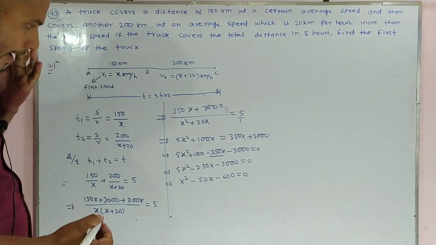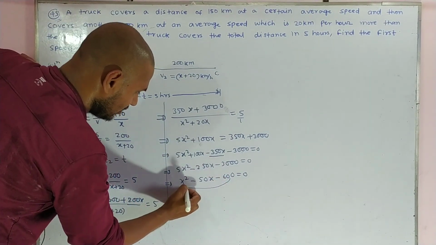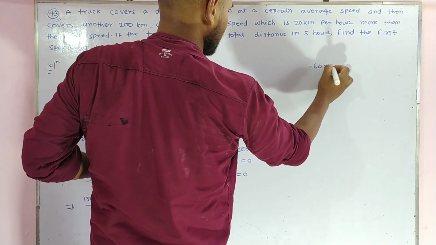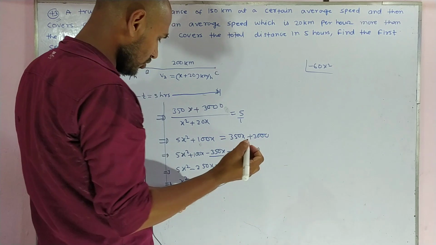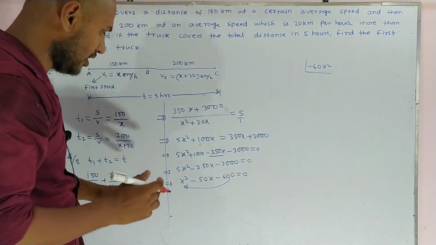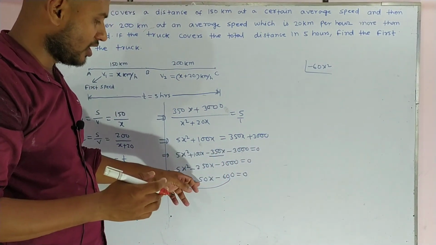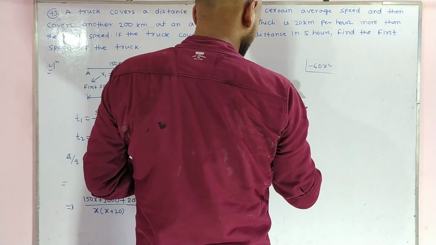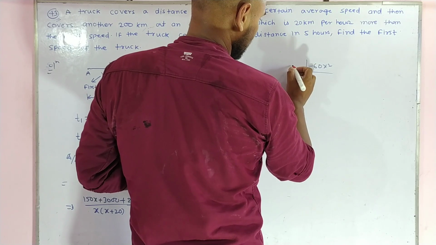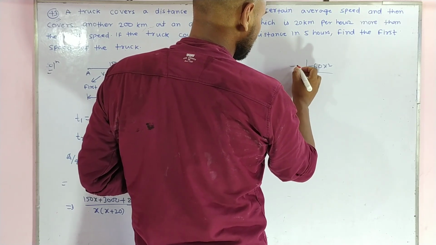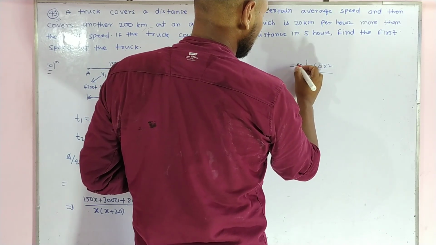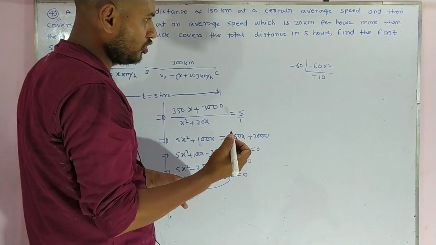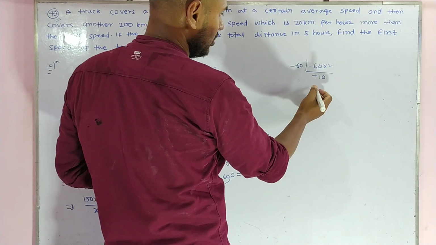We know that as you multiply the 600 into x square, you get minus 600x square, and we have to arrange in such a way that we put something equal to minus 50x. So we decided to put minus 60 plus 10.